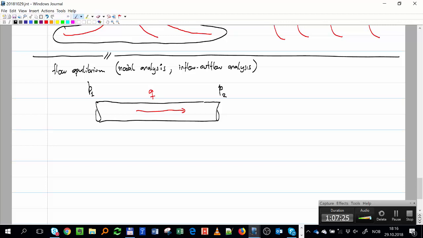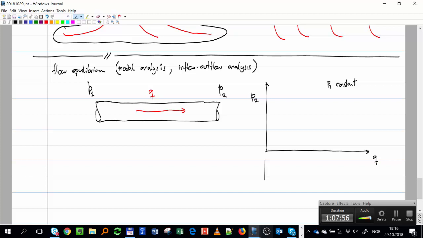So let's make one case. If I keep P1 constant, somehow, either connected to a big storage tank, connected to a pump, to something, that P1 is constant. What will happen with P2 when I change the rate, when I increase the rate?